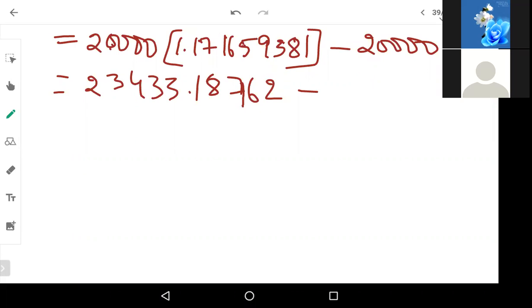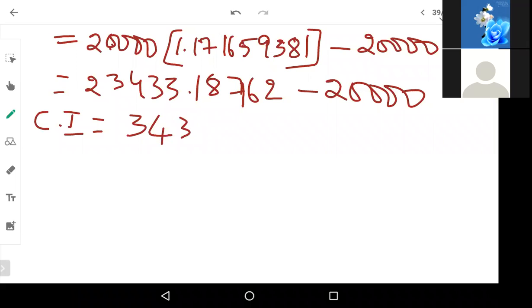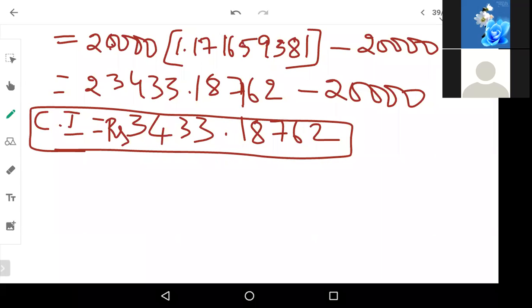Now subtract 20,000 from this so that we get compound interest. That will be 3,433.18762. So this will be the compound interest that we calculated, and this is the compound interest for half yearly. Every half year when we give the interest, the compound interest every half yearly will be 3,433.